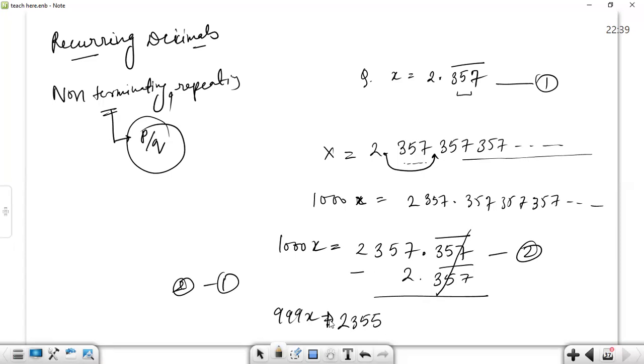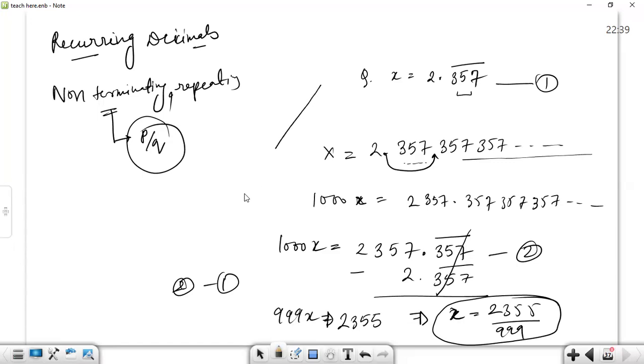Any doubts, anyone? This is a critical step. Now we will be able to find the value of x, which is 2355 divided by 999. This is our rational number that was required to be found. Clear?